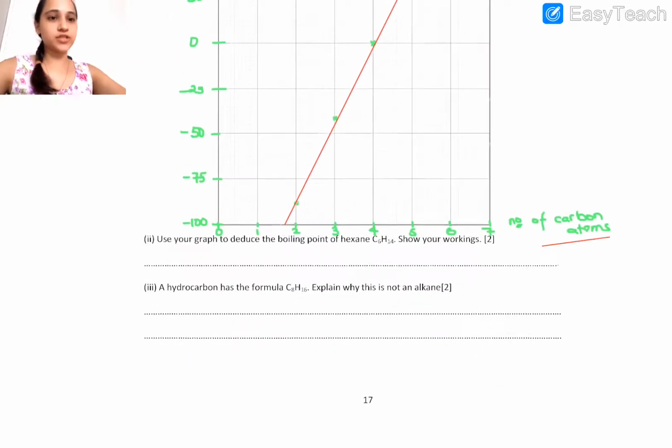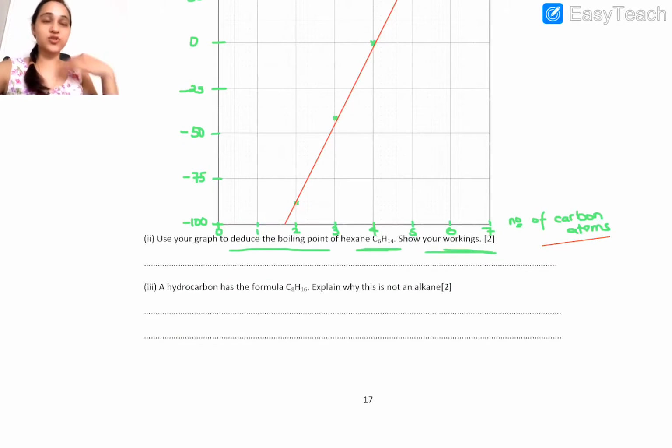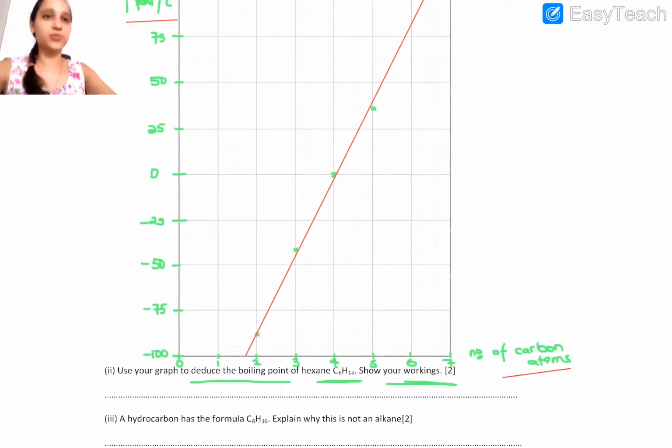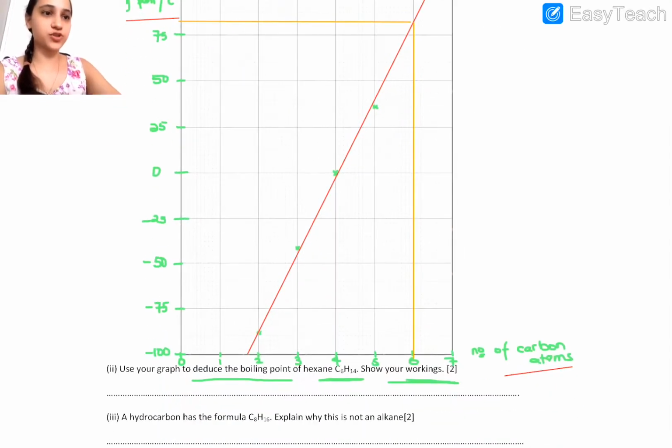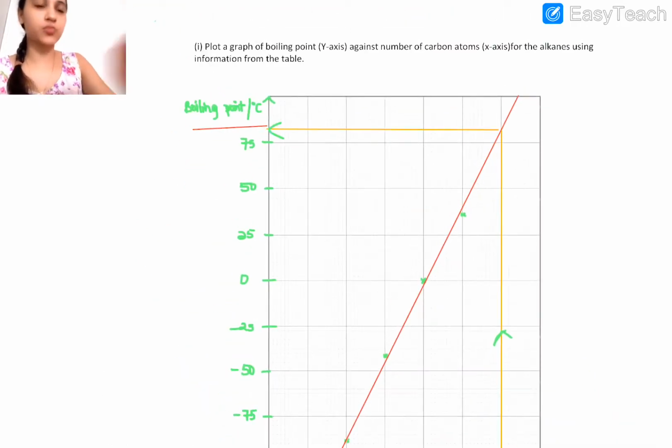Now the question tells you to use your graph to deduce the boiling point of hexane, showing your workings. So you will have to show on the graph how you got the boiling point for hexane. For hexane you will need to extrapolate, which means you need to figure out what boiling point matches carbon number 6. Let me show that using straight lines. If you do that properly, you're going to have a line that goes up here and meets the y-axis over here.